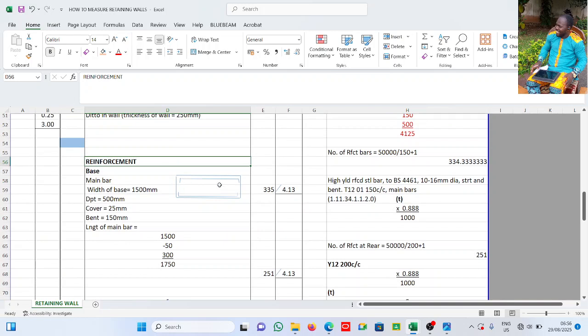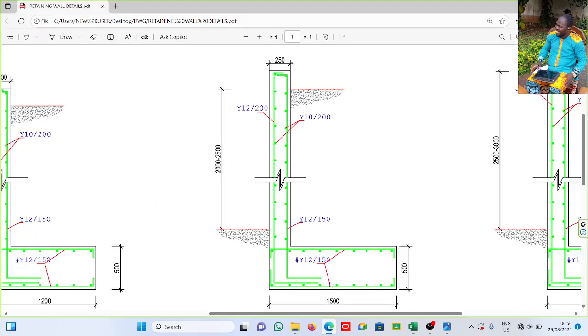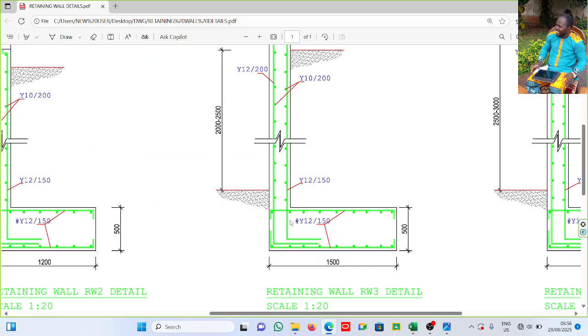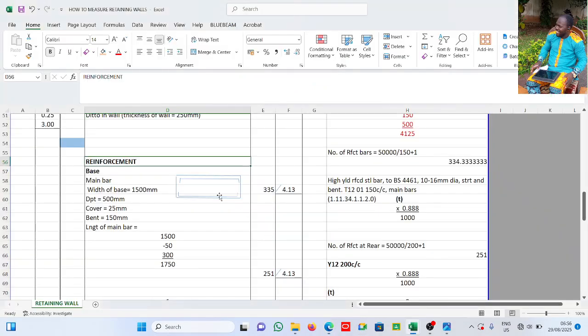Now, this is what you see. This is the shape of the reinforcement to the base. This is the section here. I tried as much as I can to put the details here.